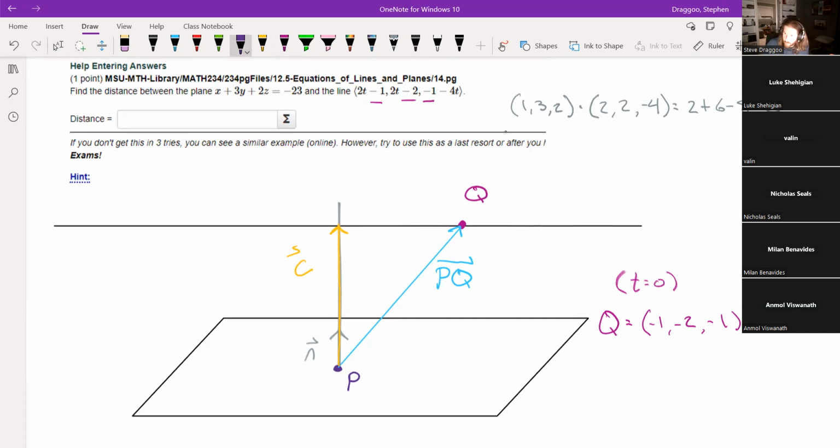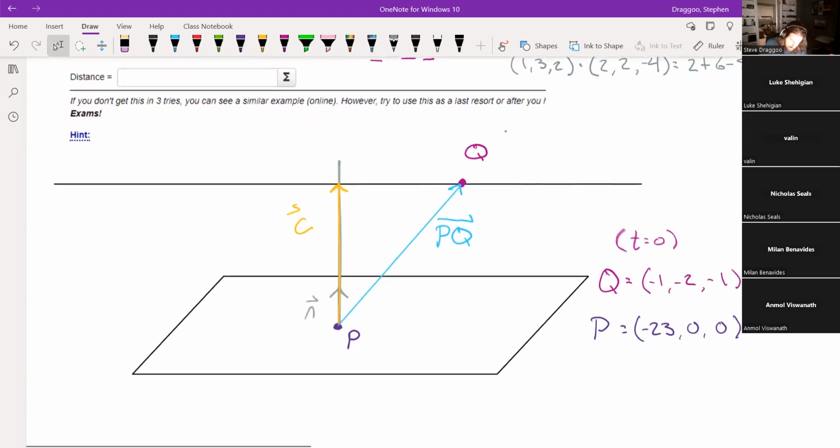I also need a point P. So something that fits in with the equation up there. And I'm going to argue that the easiest point to use is -23, 0, 0. And I got this point by just taking y = 0 and z = 0.